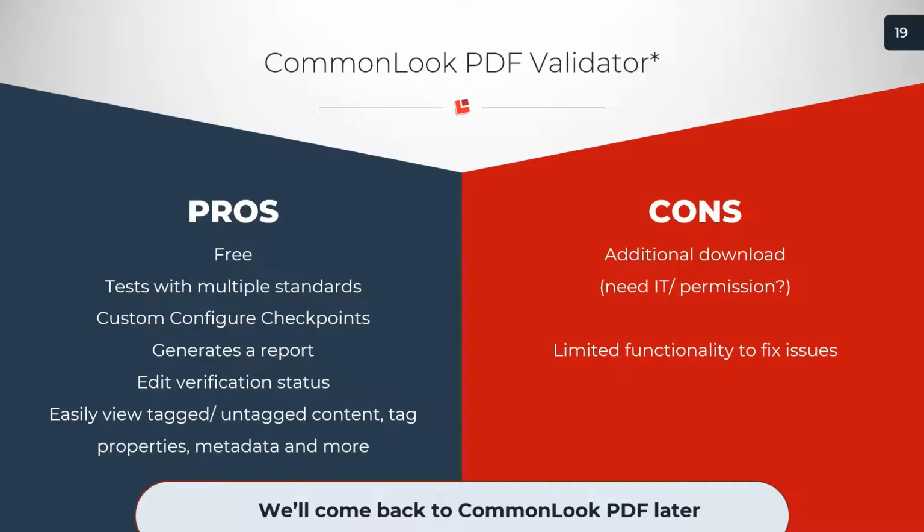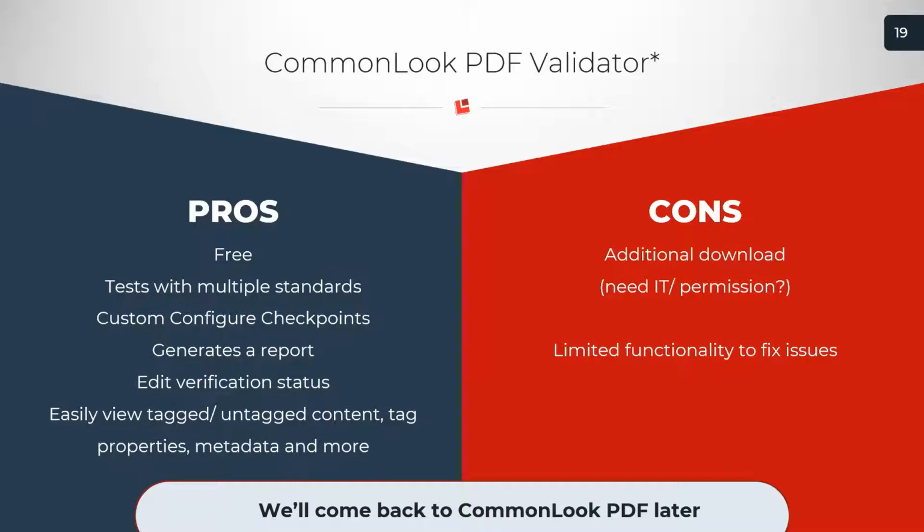So it will provide you with checkpoint by checkpoint status reports of your PDF documents to whatever standard your organization has chosen. We even do standards such as HHS, which has its own variation of WCAG that they've used for their reporting. So it shows you the tagged content, it shows you the untagged content, it generates that report, shows you the metadata.